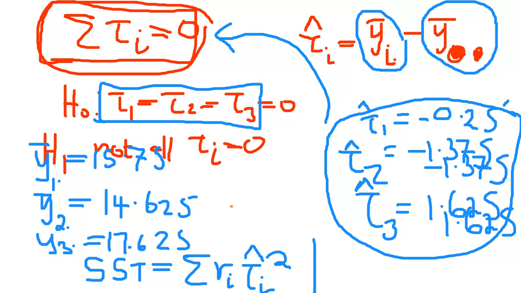Sir, I can't see the formula properly. They're saying the formula there is summation of Ri multiplied by tau i hat squared. Thank you, sir. Since we have the values, I can erase here and write it nicely.